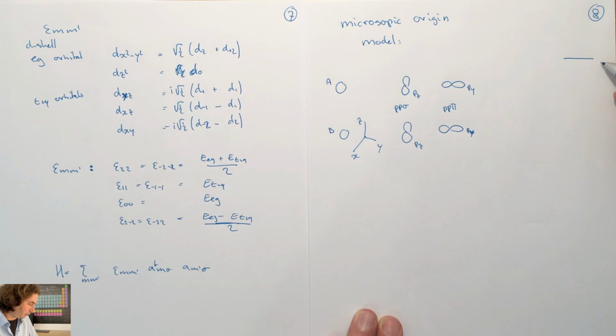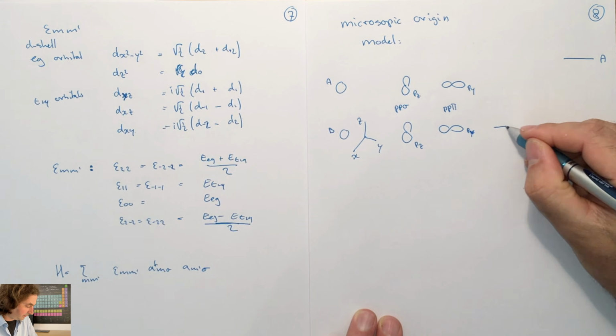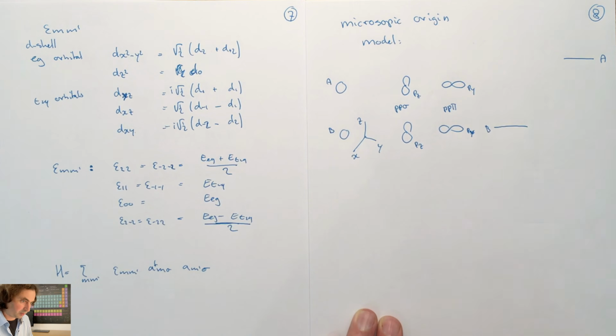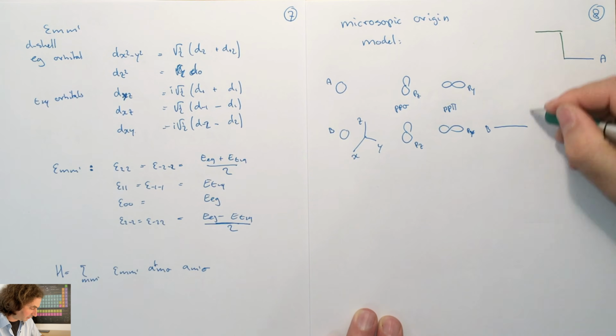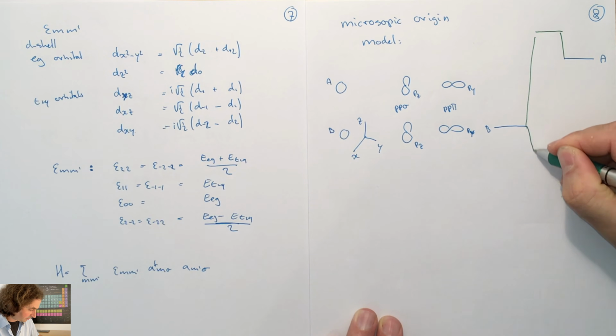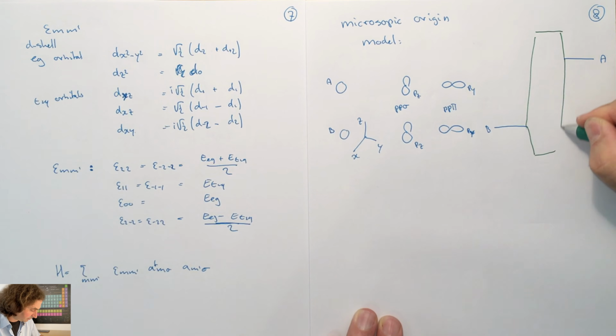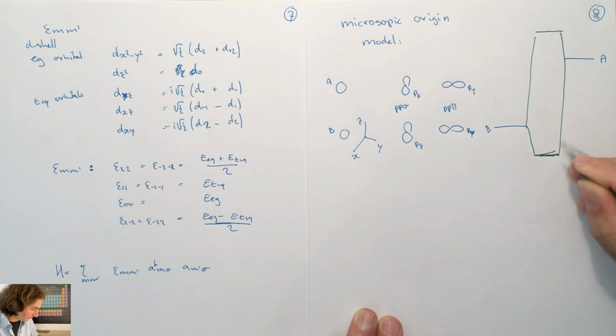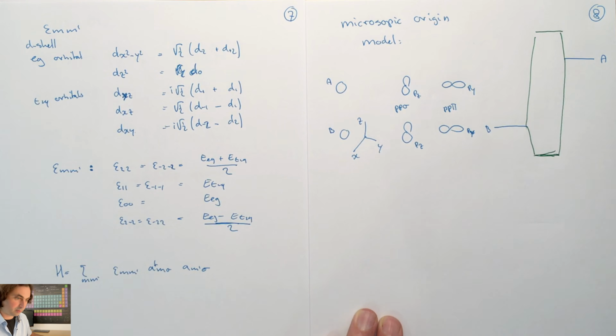In terms of energies, I have my orbital A and my orbital B. Then I have the interaction of the pz orbital, making the antibonding state and the bonding orbital. This is the pz antibonding, and this is the pz bonding orbital.